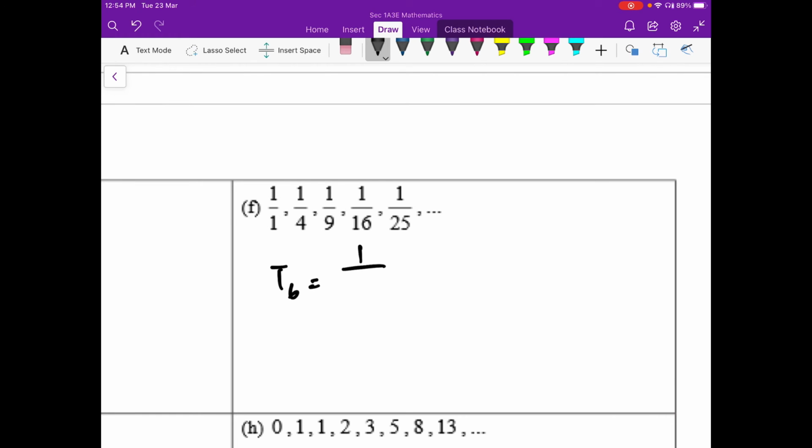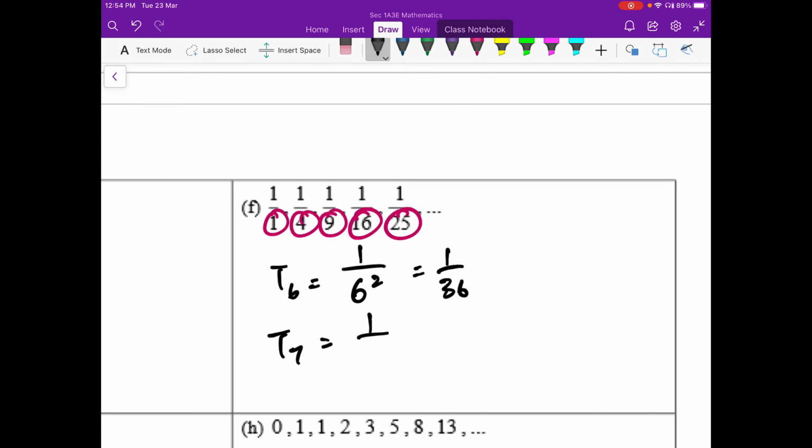Okay, 1 over what? N squared, but what is n? So here we've got 1 square, 2 square, 3 square, 4 square, 5 square. The next one must be 6 square. So 1 over 36. Term number 7, 1 over 49. So all these numbers, just a recap, perfect squares.